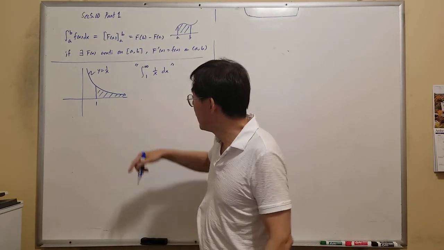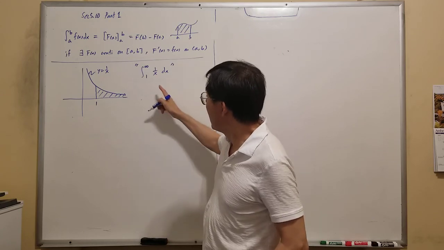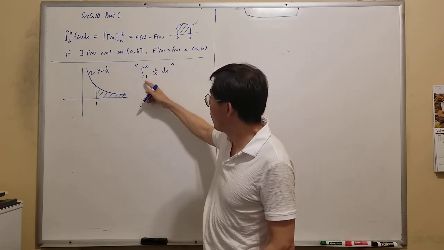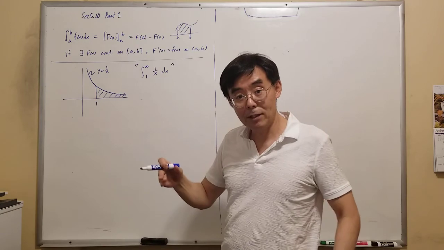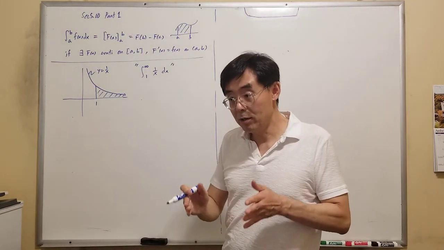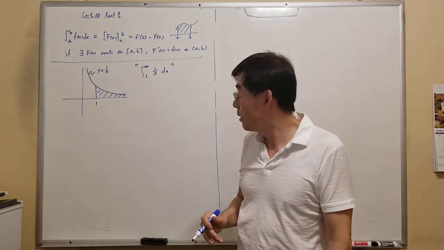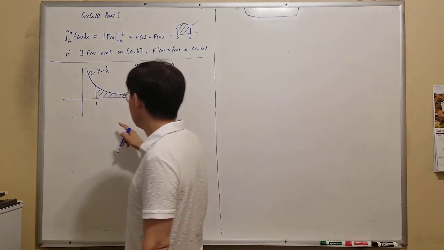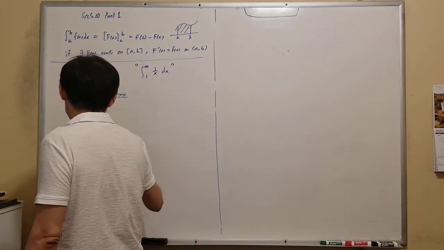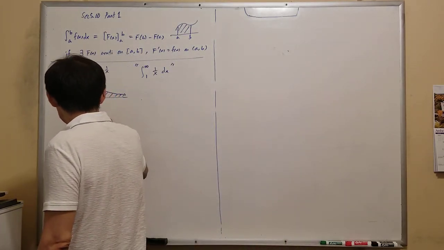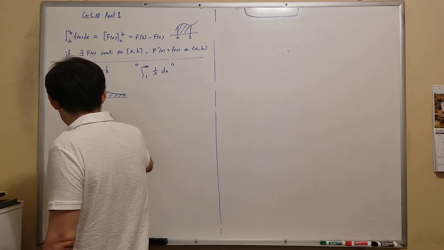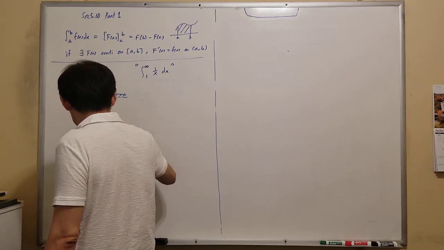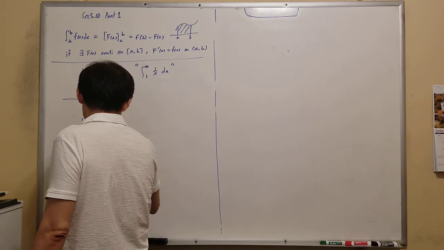Now, in order to overcome this difficulty of the definite integral being defined only on a finite interval, we can approach it this way. Let's say, this time, a function going to 0 faster than 1 over x.